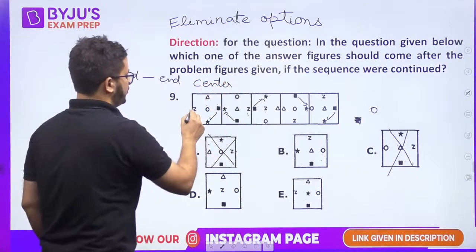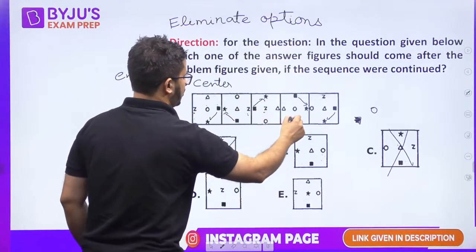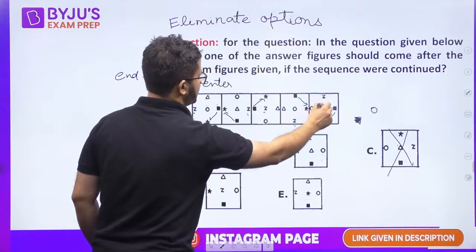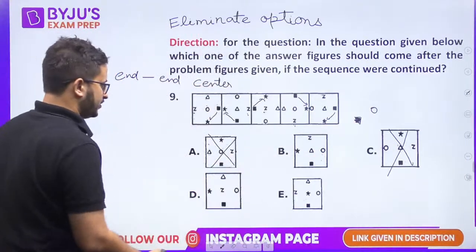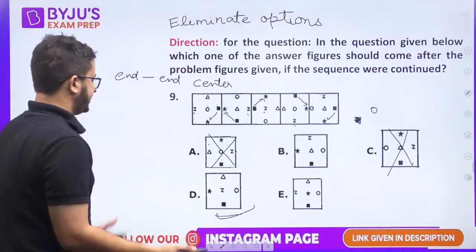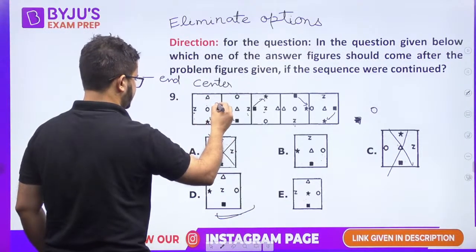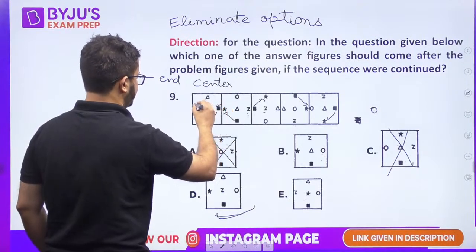Now this end could be a horizontal end, like left end, right end, then center. This is bottom, this is top, so then it should come in the center. So from that we get this as the answer, right? Let us check other elements also. We have checked this, we have checked the circle also, we have checked Z also.